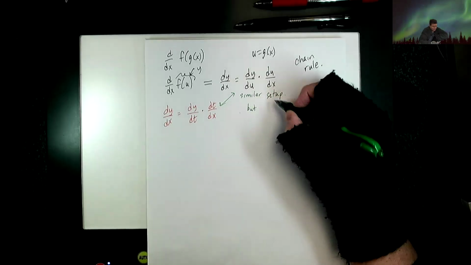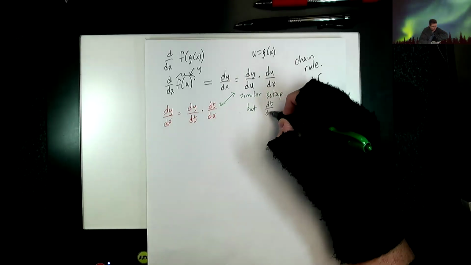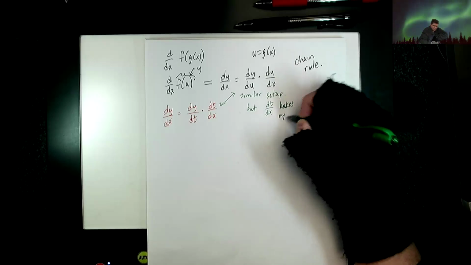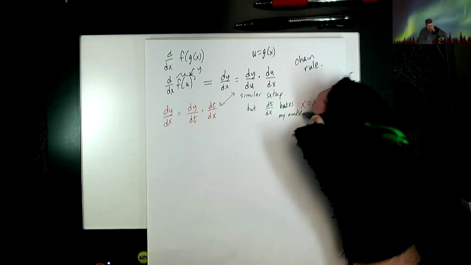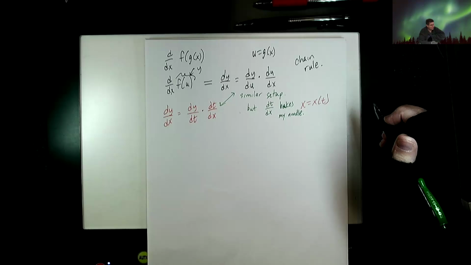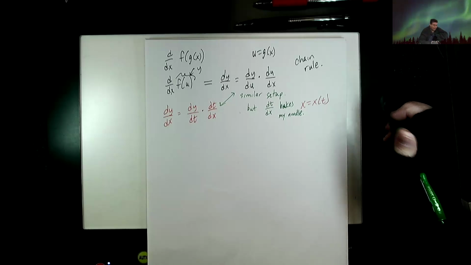But dt/dx bakes my noodle. I don't operate thinking t in terms of x. I'm thinking x in terms of t. I want dx/dt.